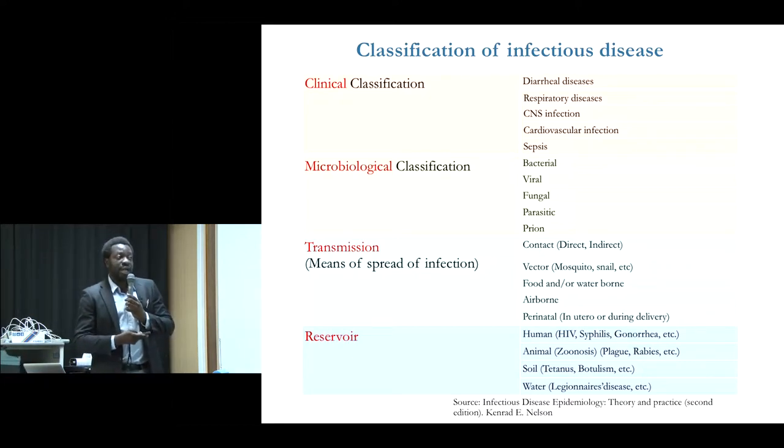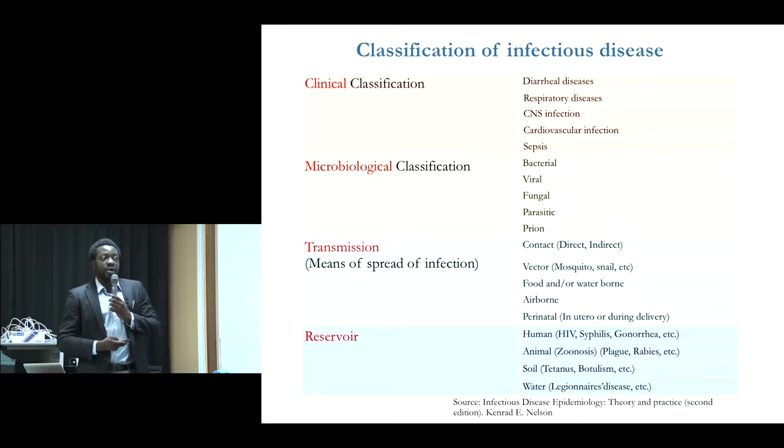Another way to look at it, and this is really important also for mathematical modeling, is to look at how the transmission is done. So it can be looked at in terms of contact: the contact can be direct, person to person, or indirect contact.